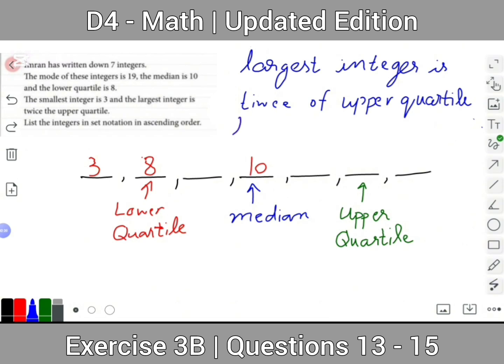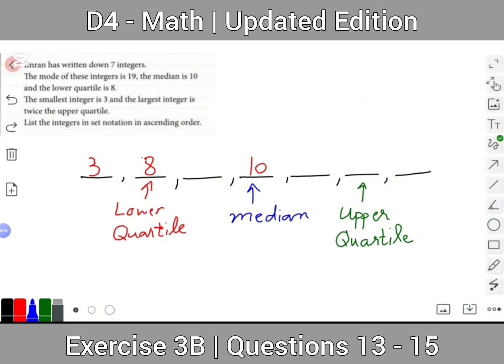So the largest integer cannot be equal to 19.